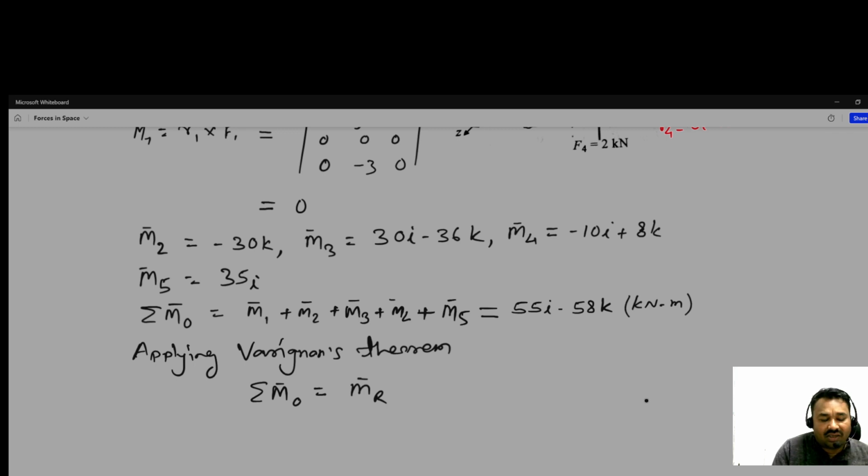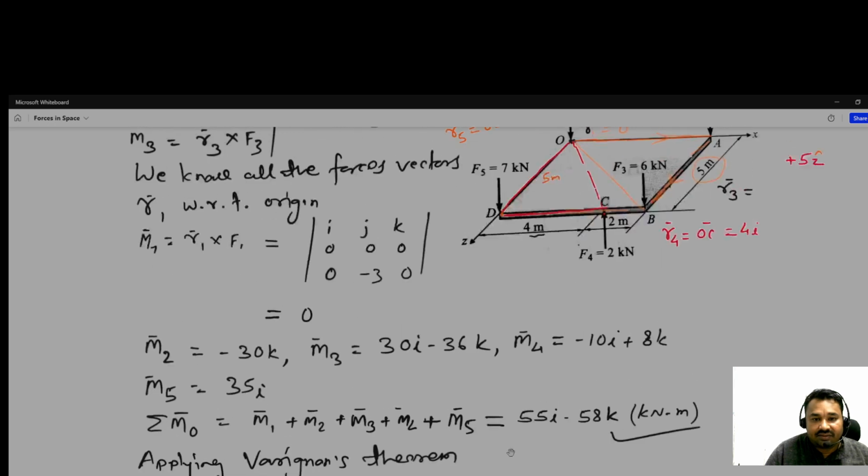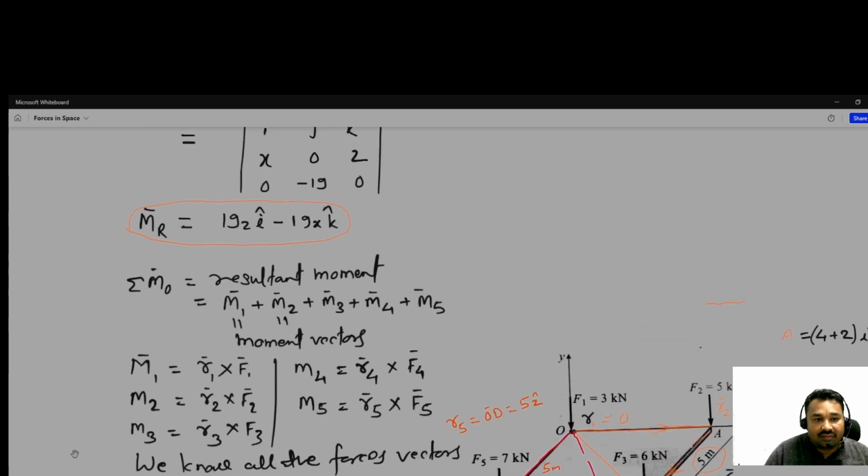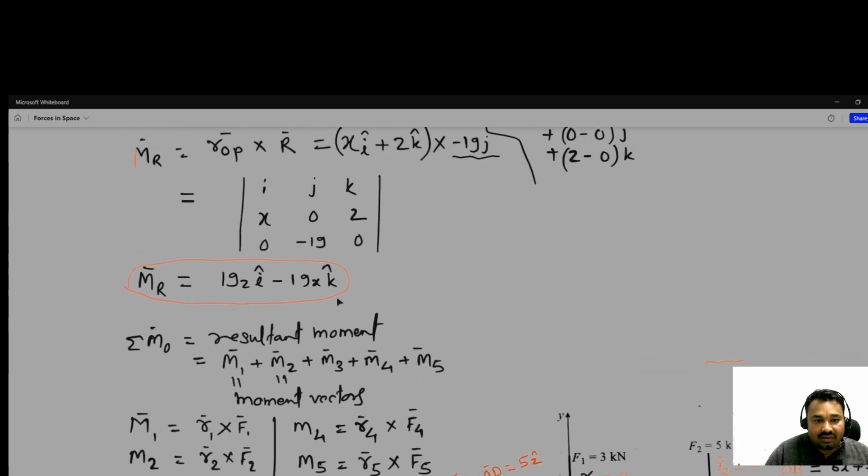What we get from here, 55i minus 58k, is equal to MR. And what is the MR here? Let us see what we get. MR, the moment of the resultant, is 19zi minus 19xk.